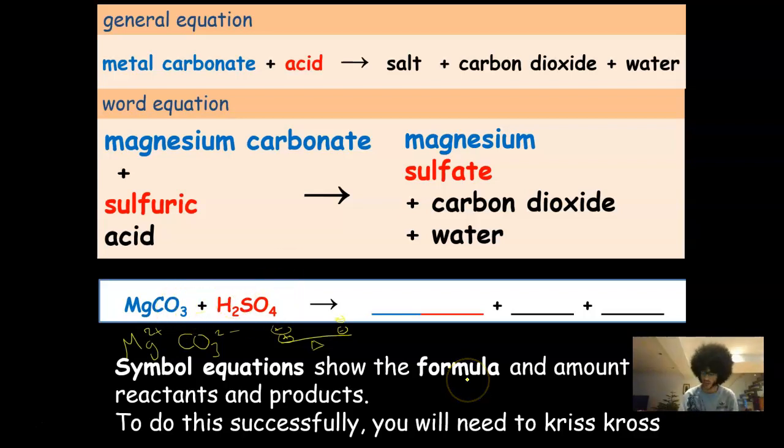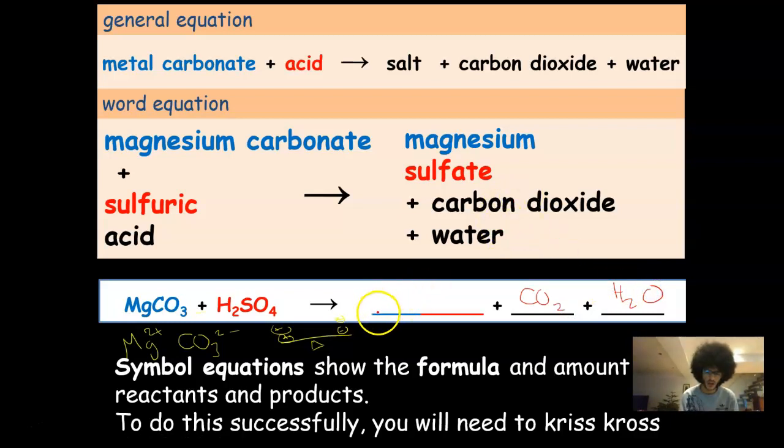Now, when you're thinking of what the actual products are going to be in this reaction, I'm going to change the pen color to red. You have to think about what the formulae is of the different ions. For magnesium sulfate, we can do carbon dioxide and water first, because that's easy. So CO2 plus H2O. But for magnesium sulfate, it's a bit harder.